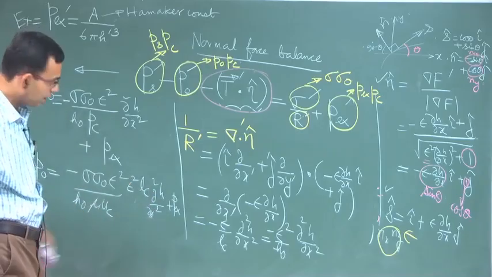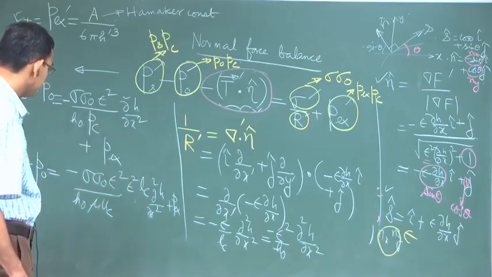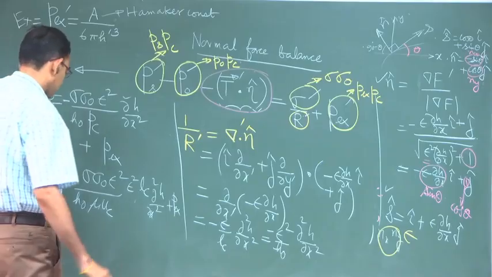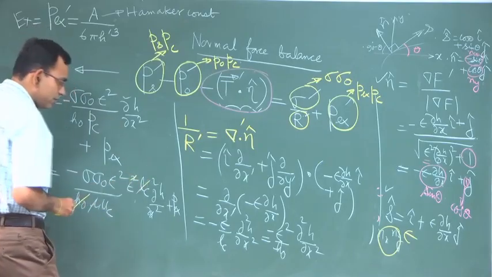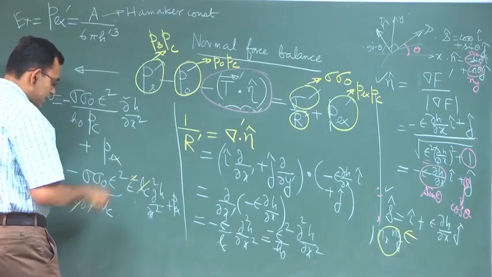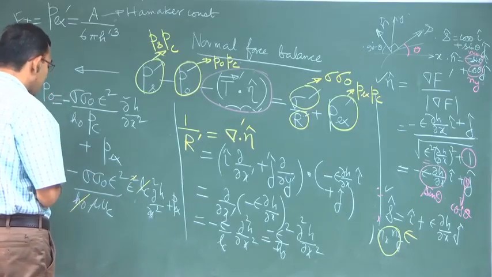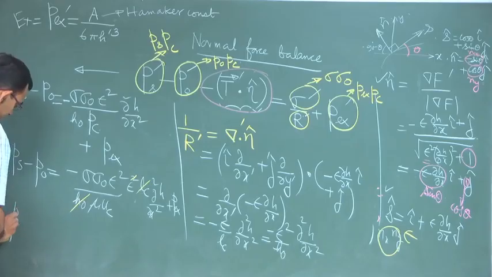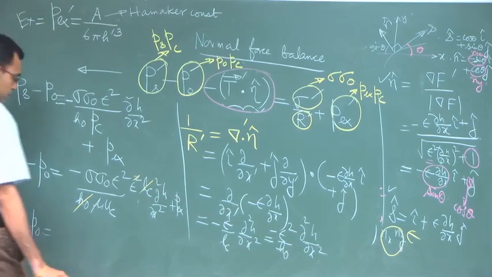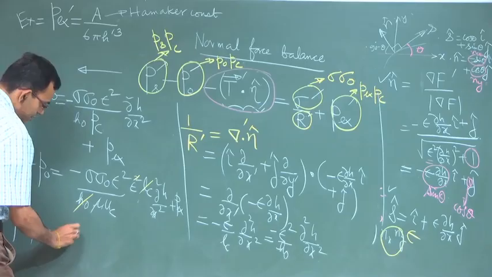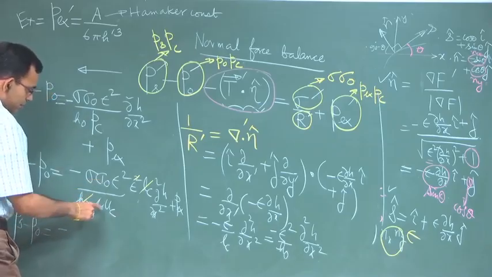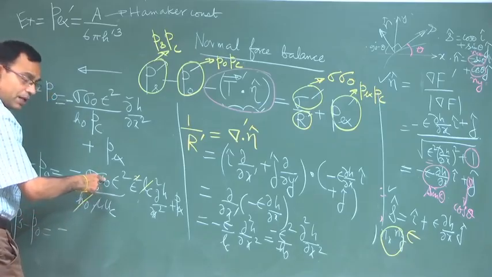So, one epsilon will cancel, that epsilon will cancel with 1 by epsilon. So, you will get Ps minus P0 is equal to minus, now mu Uc by sigma 0 is the capillary number.